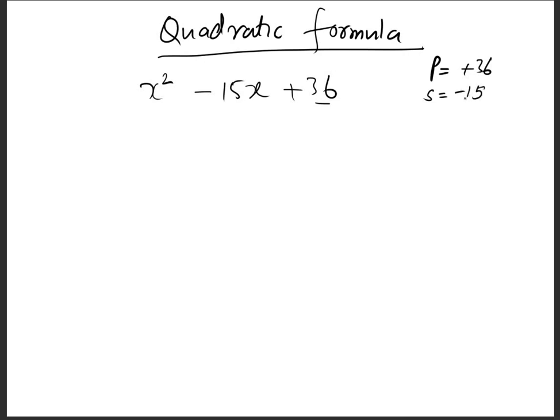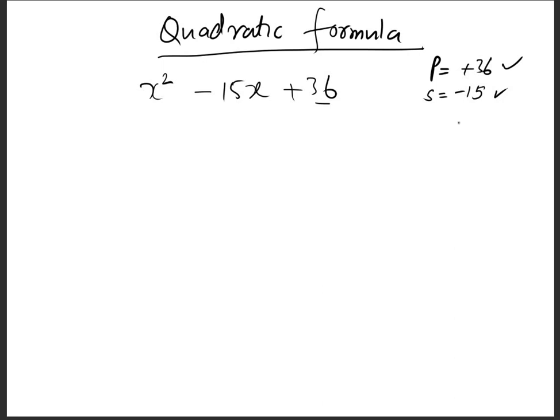So in a nutshell, you need to scratch your head to find two numbers that should multiply to a positive 36 and add up to a negative 15. Now, if you're not super quick with the multiplication from at least 1 to 15, this will take time.